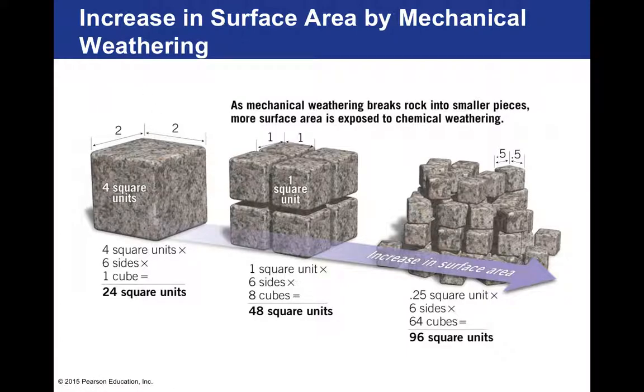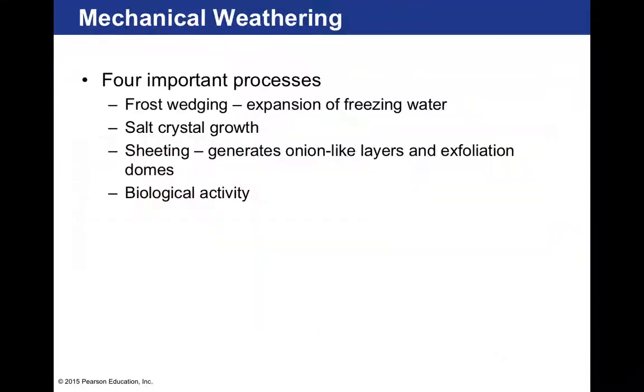When you break that piece apart into, let's say, 8 smaller pieces, you're increasing the amount of surface area that can now be weathered. So it just increases exponentially as you break these pieces apart. So mechanical weathering becomes easier as you break the pieces of rock into smaller and smaller pieces because more surface area is being exposed to the process.